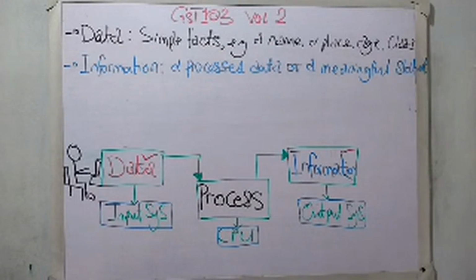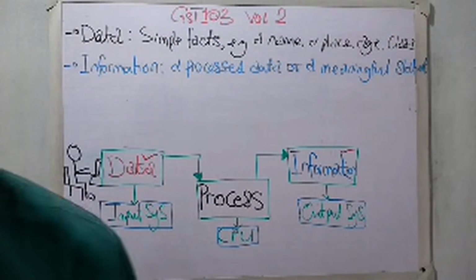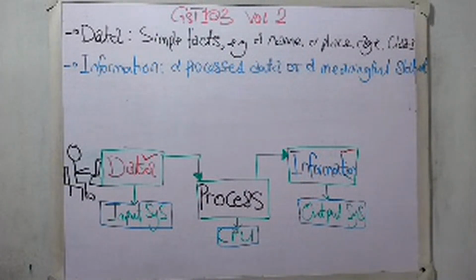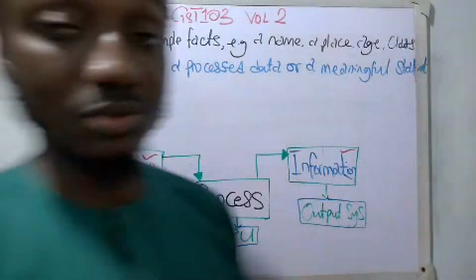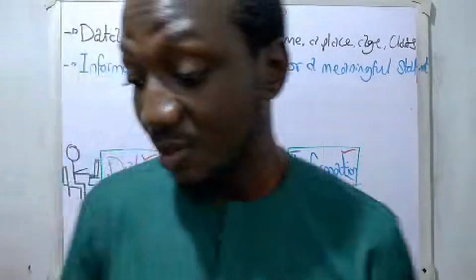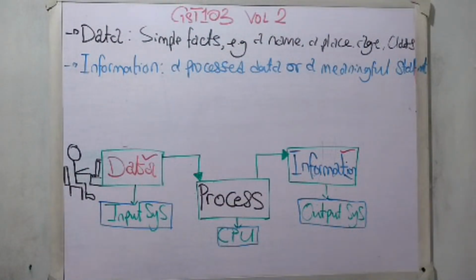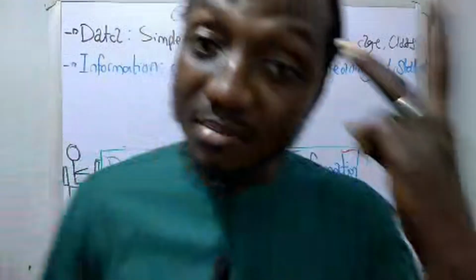Now that we understand what is meant by information and data, let's talk about the methods of data processing. Basically, we understand that data needs to be processed for us to make sense of it, and that is the job of the computer. But processing might sound simple to you, yet it's not as simple as it seems, because the processing of data can be done in three major ways.